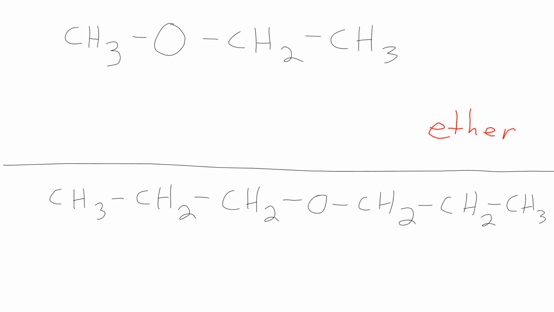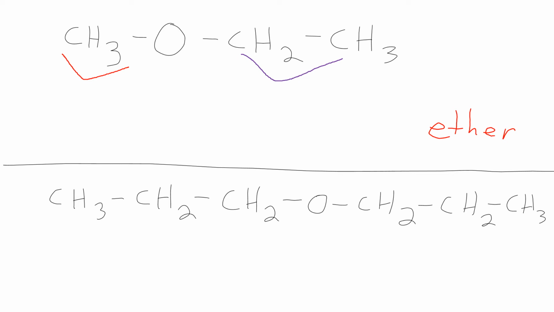Now the way we name ethers is we look at the carbon chains that are coming off of the oxygen. On one side I have a CH3, that would be a methyl. On the other side, I have two carbons, that would be an ethyl. So I have a methyl coming off and an ethyl coming off.